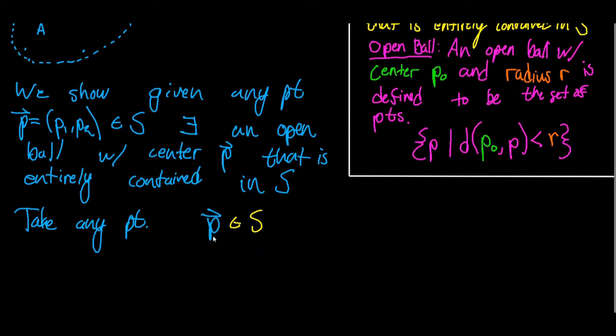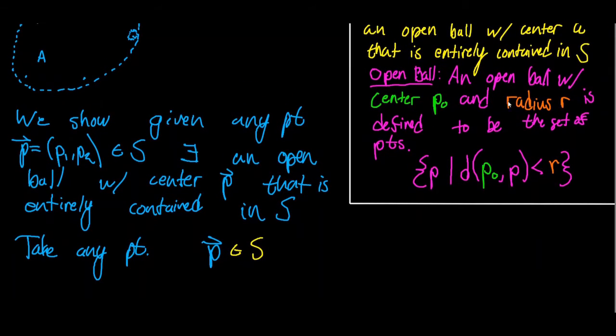But let me remind you of the definition of an open ball. An open ball with center P naught and radius r is defined to be the set of all points P such that the distance, however it's defined for the particular metric space we're dealing with, is less than r. In this problem, we're dealing with R2, which has various metrics defined on it, and we'll use a particular metric.